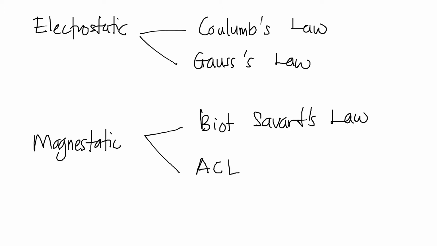So from here, I can give an analogy where the Coulomb's law is similar to the Biot-Savart law, while the Gauss law is similar to the Ampere Circuital law, where the ACL, we have the step to solve as what you have in the Gauss law.